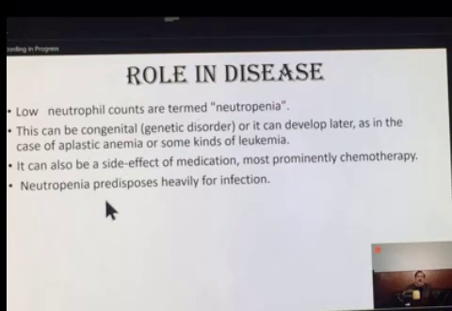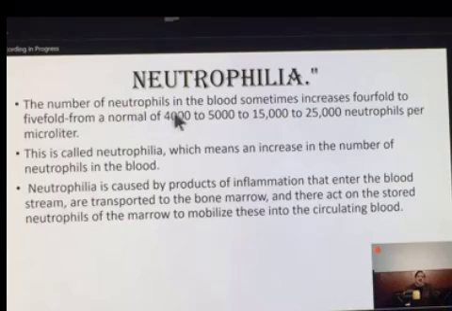Neutrophils predispose heavily to infections. The number of neutrophils in the bloodstream can also increase. The other condition is called neutrophilia. Neutropenia is less concentration, and neutrophilia is when the concentration is increased.